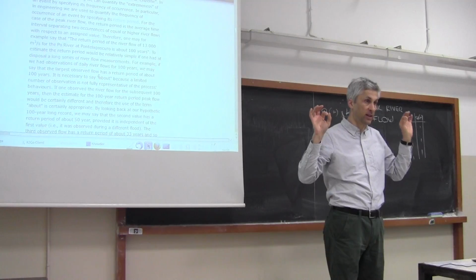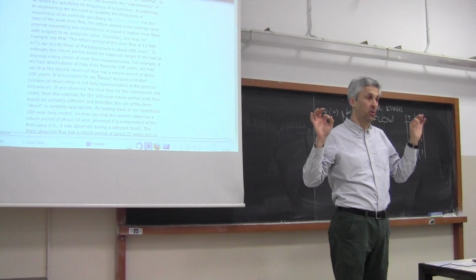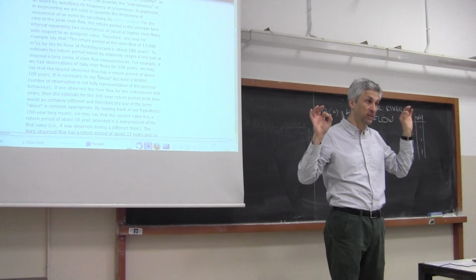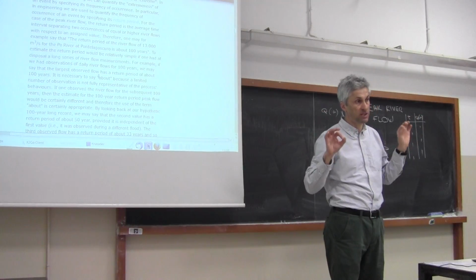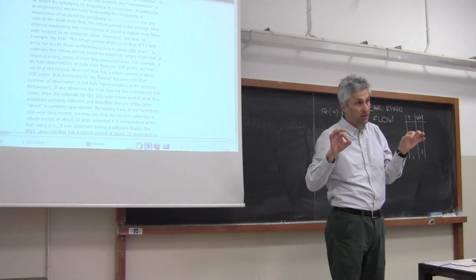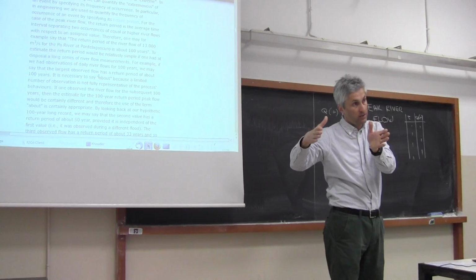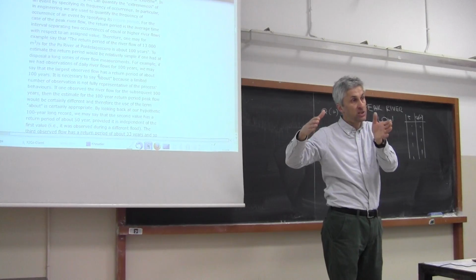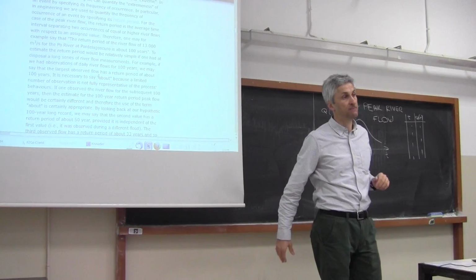It means that the return period for a river flow of 13,000 cubic meters per second in the Po River at the final reach is 50 years.